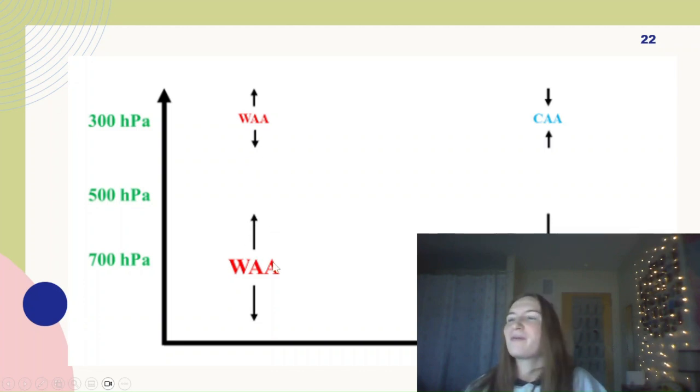So if you have warm air advection increasing more here, that's going to push you this way. And if you have cold air advection decreasing more here, you're going to get pushed this way. Does that make sense? I hope so. It's a little weird to think about. But you have height rises here and height falls here. And I think you can kind of see that with the arrows, right?